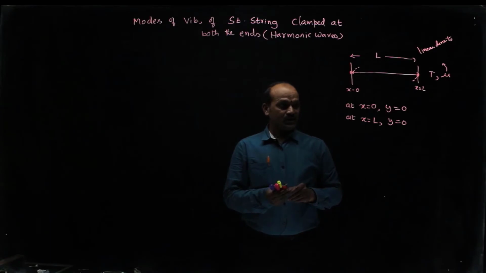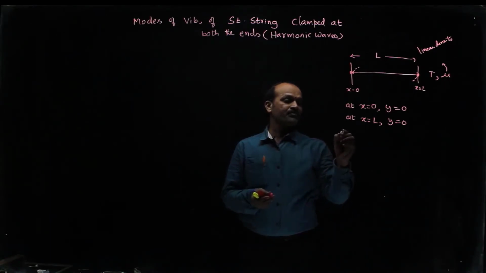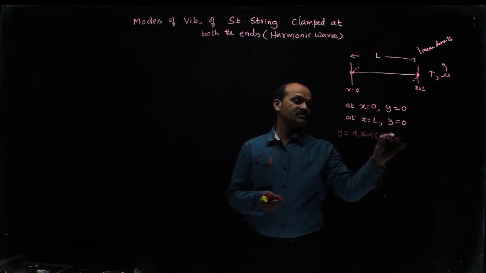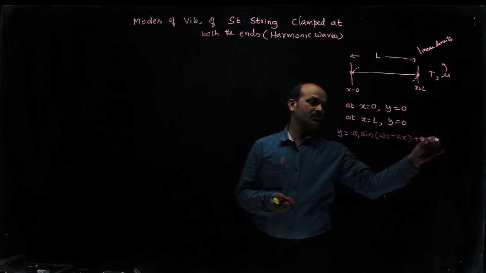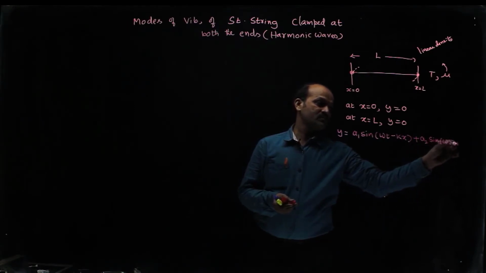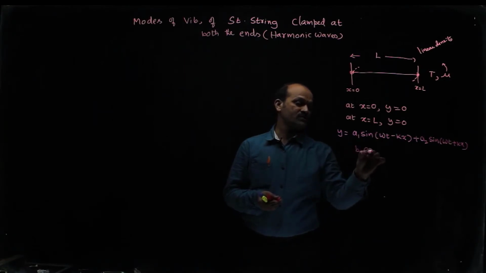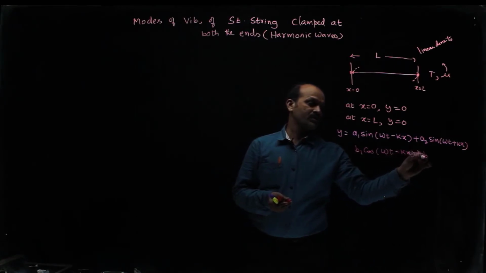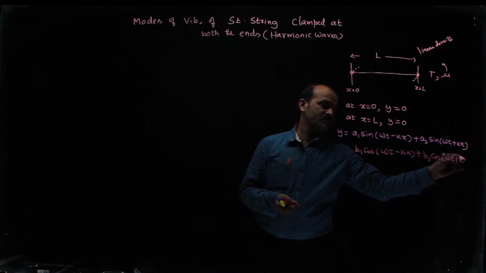Now, we will see a general solution, maybe like y is equal to a1 sin(omega t minus kx) plus a2 sin(omega t plus kx) plus b1 cos(omega t minus kx) plus b2 cos(omega t plus kx).